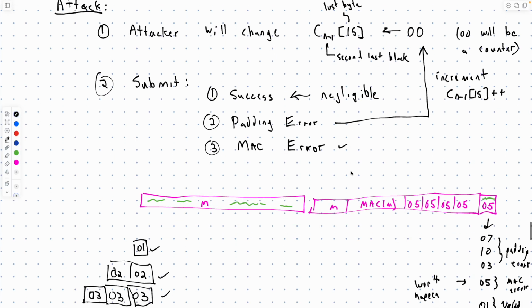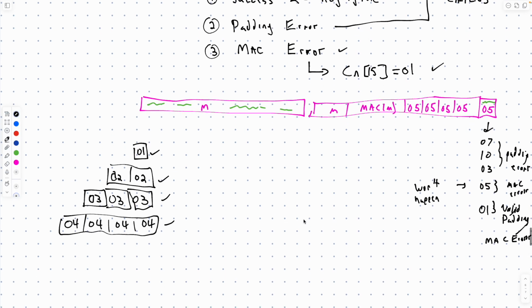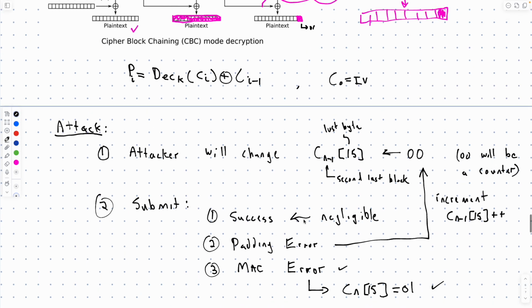So now what I know is C_N block 15 equals 0, 1. Okay, can I use that somehow to decrypt the ciphertext block by block? It turns out I can.